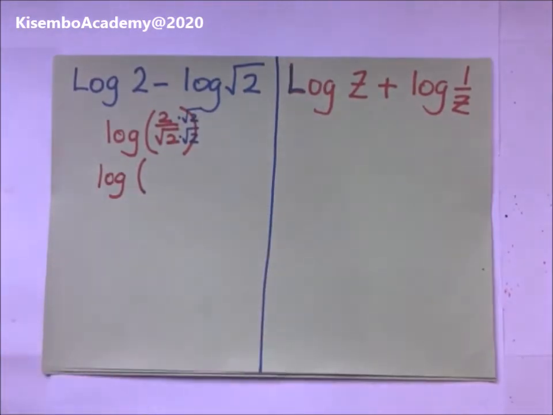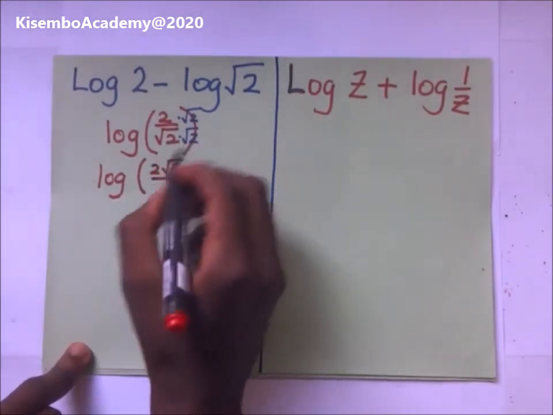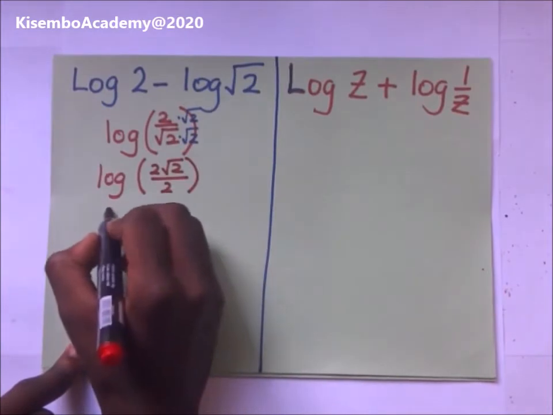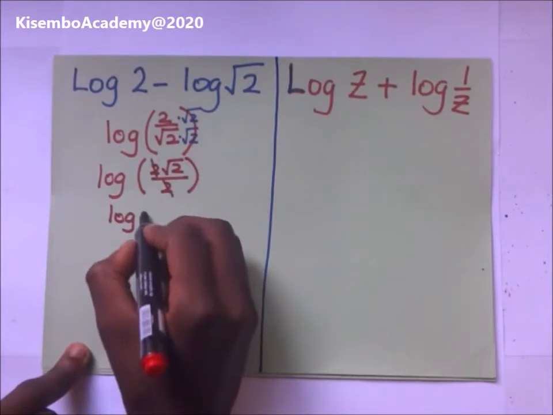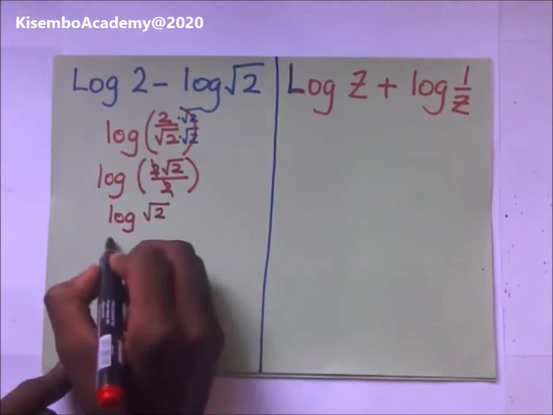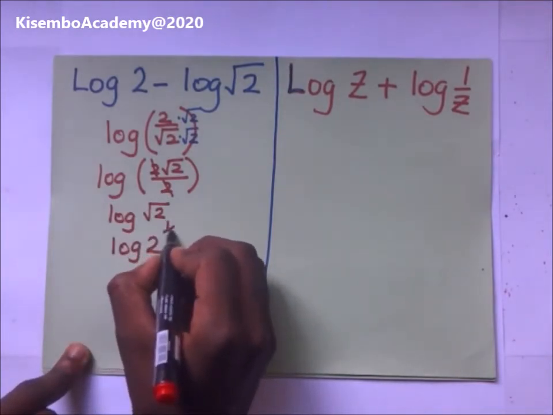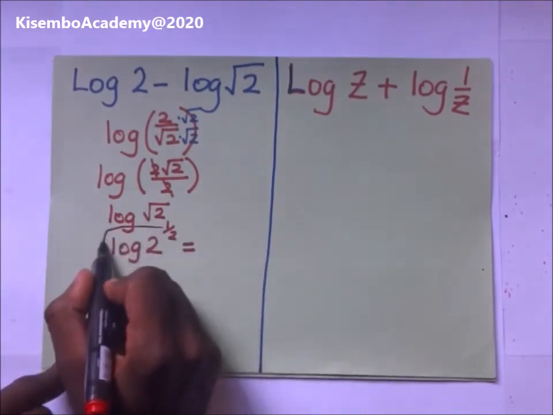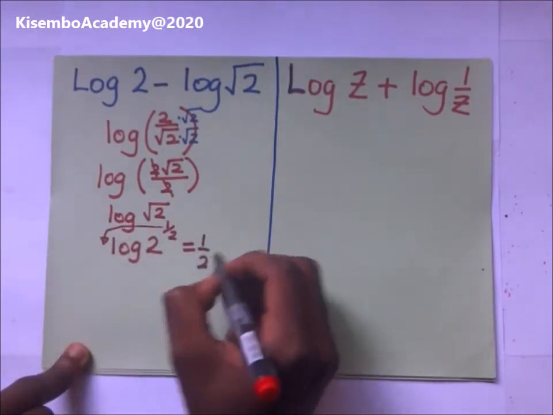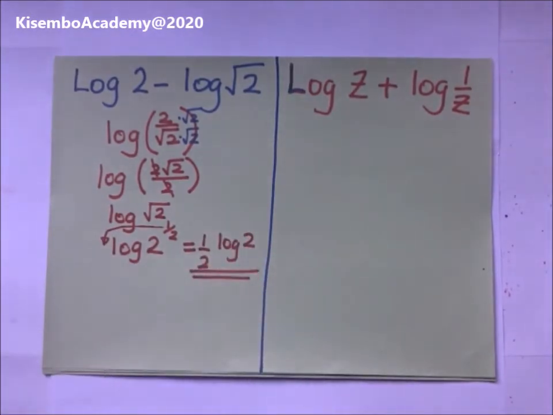So that our new logarithm here is going to become 2 times the square root of 2, divided by root 2 times root 2 which is 2. These 2 and that 2 cancel, and we remain with the log of root 2, which is the same as the logarithm of 2 to the power a half. And the logarithm of 2 to the power half, when this a half comes right there, is the same as a half log of 2. And that's the answer. Now we're able to solve that number.